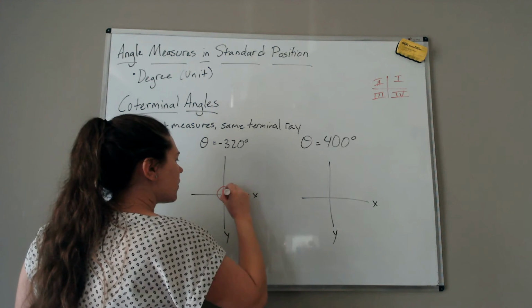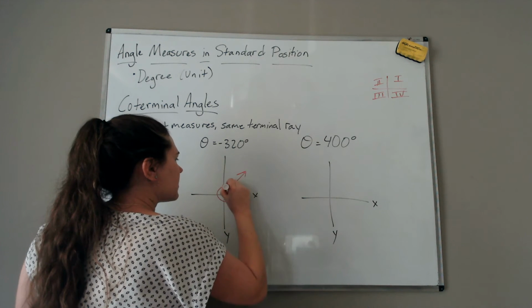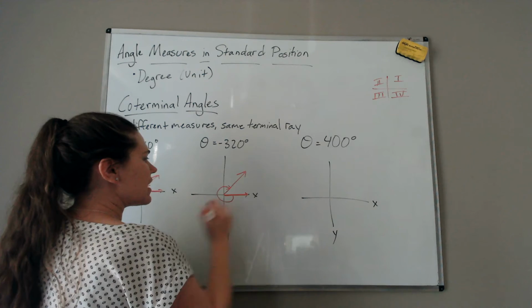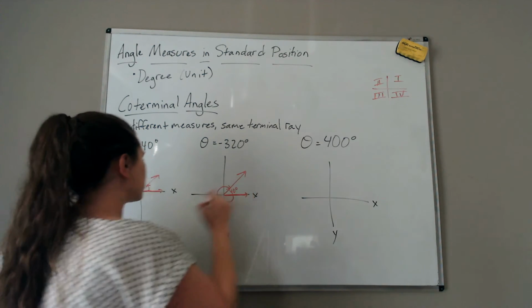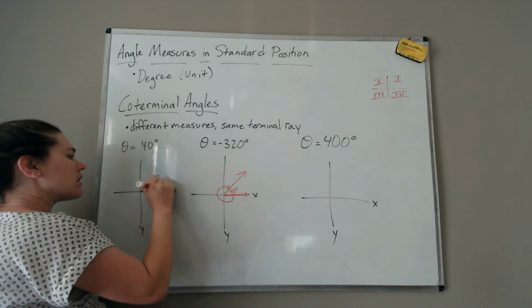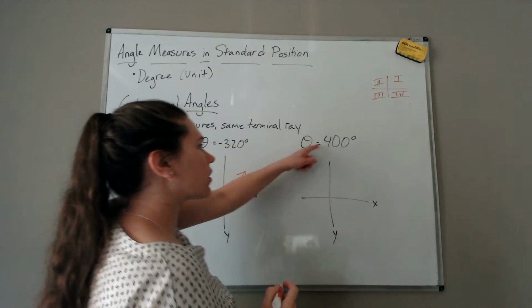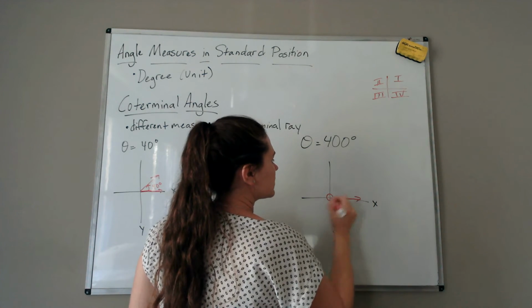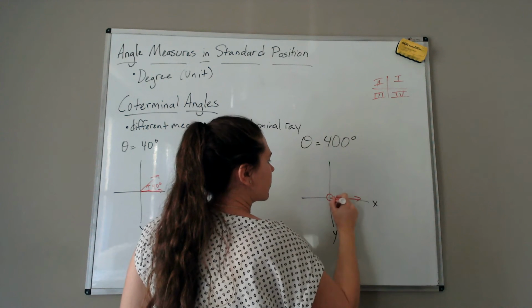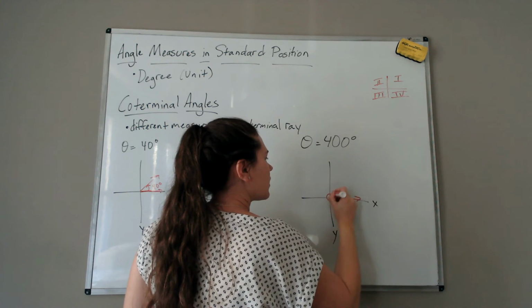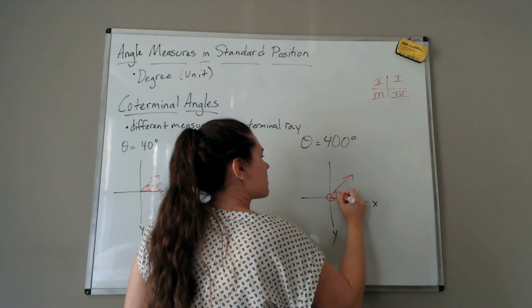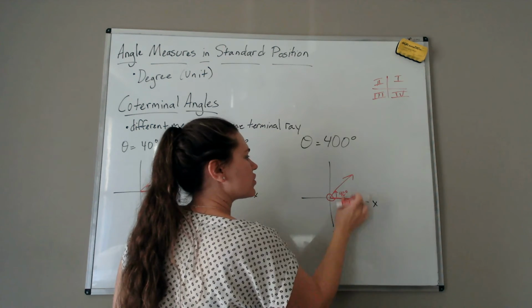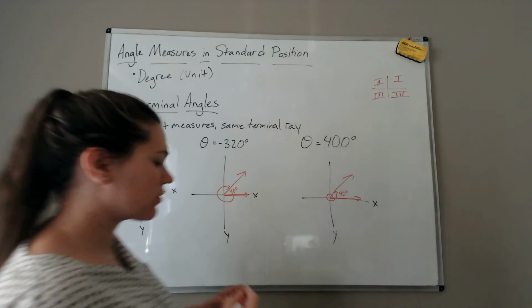Okay, so that would be my angle that I would make, and this right here is 40 degrees. And 400 degrees, positive 400 means I go around once, 360, I'd have 40 left. My angle of rotation in between the initial side and the terminal side would be 40 degrees.